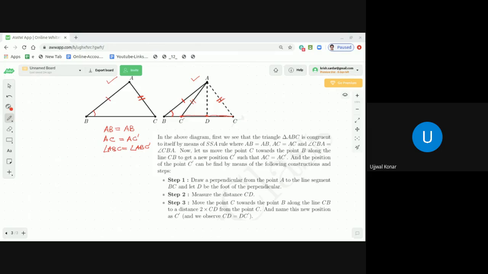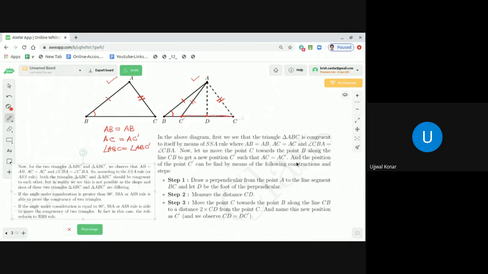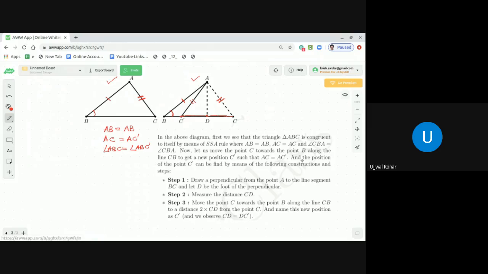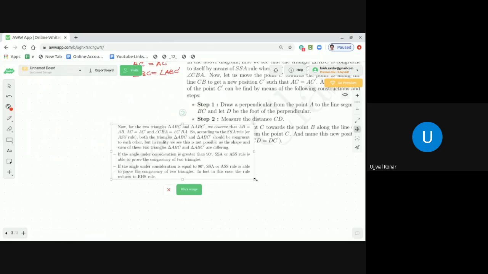So according to the SSA rule or ASS rule, both the triangles ABC and ABC dash should be congruent to each other. Let's assume they are congruent to each other. Then they must be congruent to each other. Correct or not? This is the statement I'm making here. Let me put the statement below.